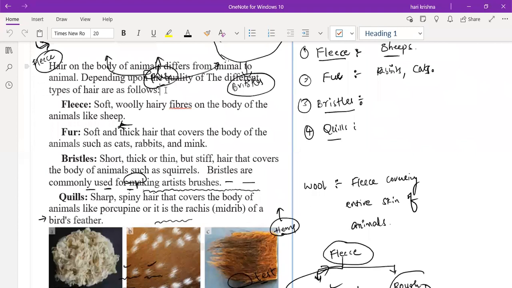When you're processing the fleece in the industry, the waste will be used for other industry purposes, to prepare other things. The wool used in the preparation of textiles is called wool. Clear? Yes, sir.